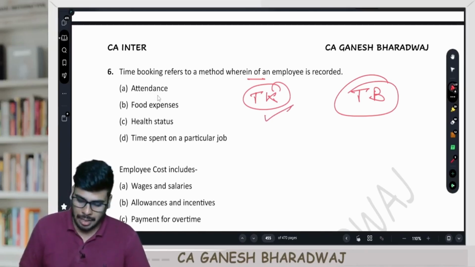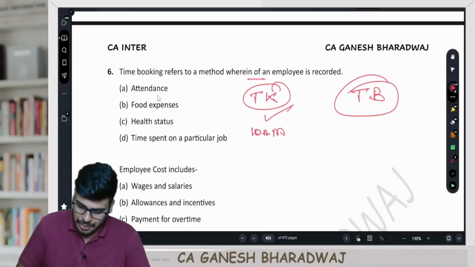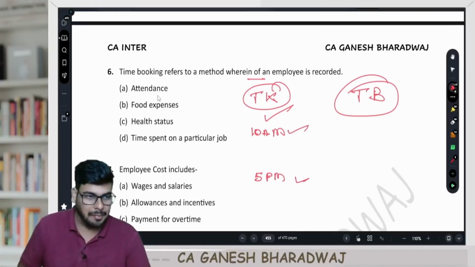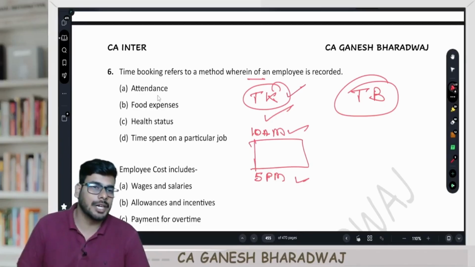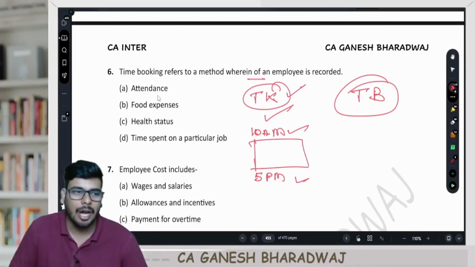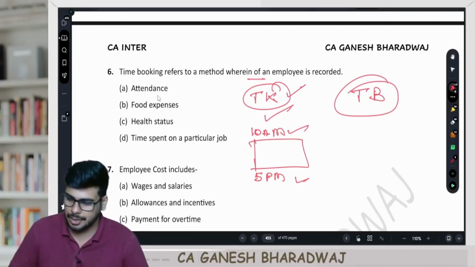An employee comes in at 10 a.m. and leaves the factory at 5 p.m. Entry and exit time gets captured under time keeping. So time keeping tells you how many hours the worker has spent in the factory.